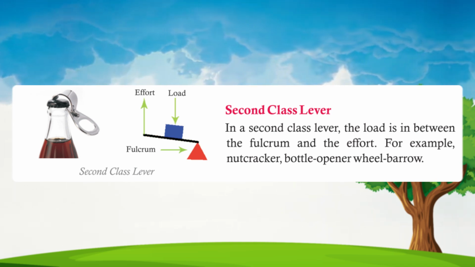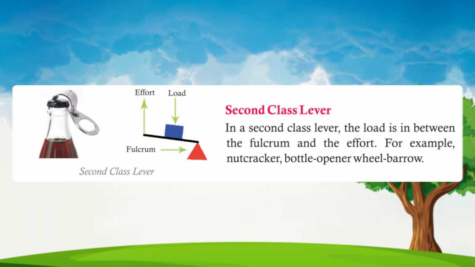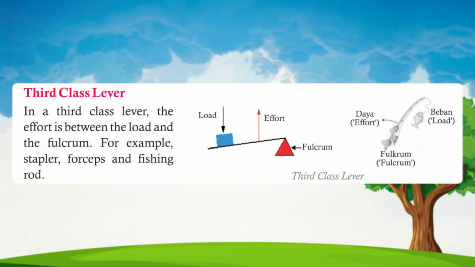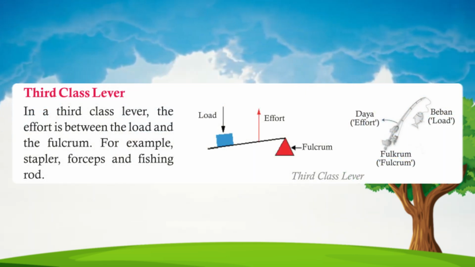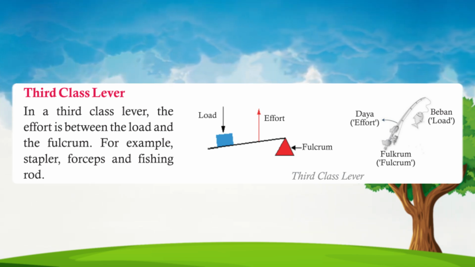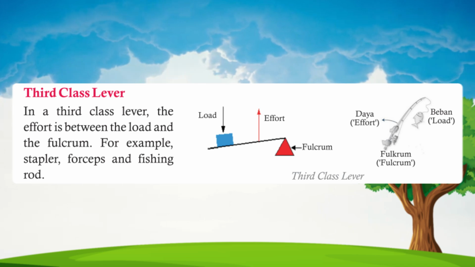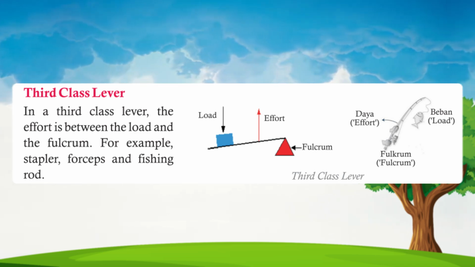For example, nutcracker, bottle opener, wheelbarrow. Third-class lever. In a third-class lever, the effort is between the load and the fulcrum. For example, stapler, forceps and fishing rod.